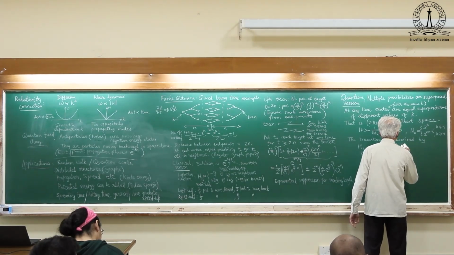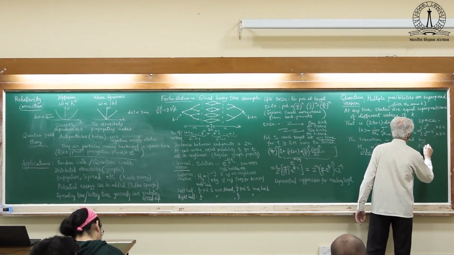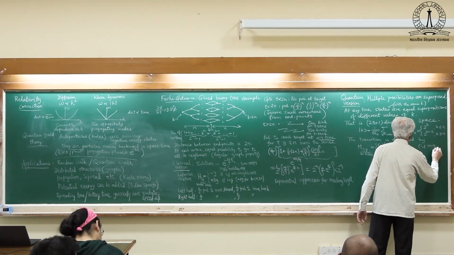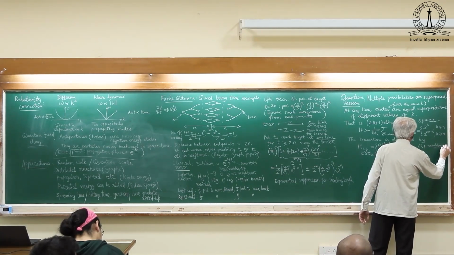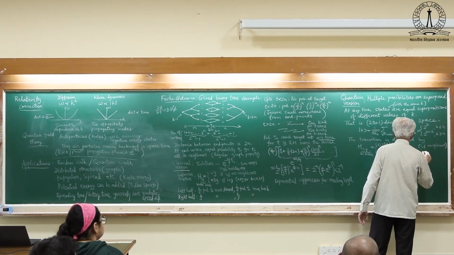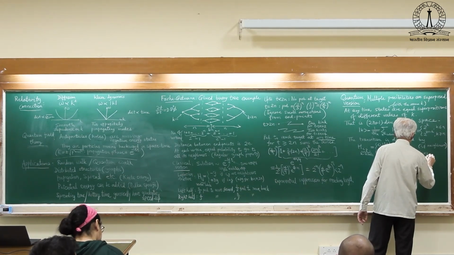I have to evaluate this. So this is ij neighbors, and this is i equal to j.